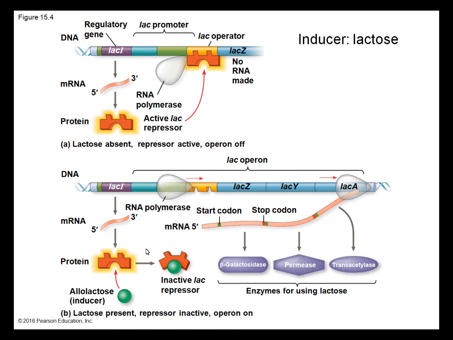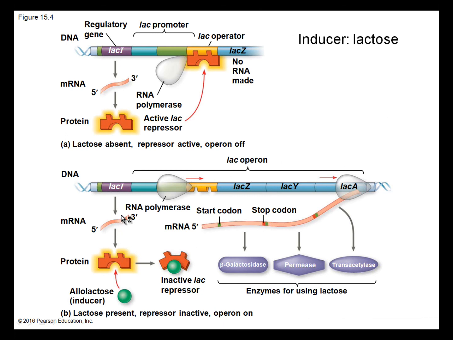So in the tryptophan operon system, we had tryptophan as the co-repressor. The co-repressor binds to the repressor, activates it, and stops the synthesis of the genes necessary for tryptophan synthesis.